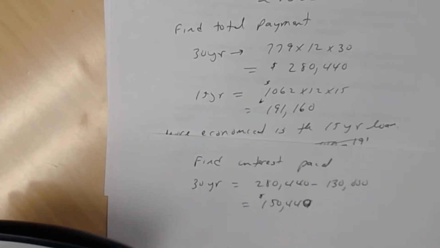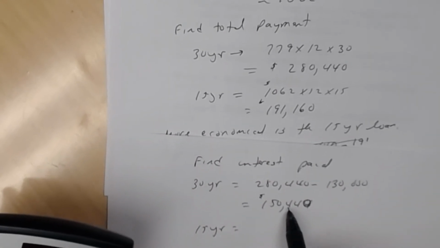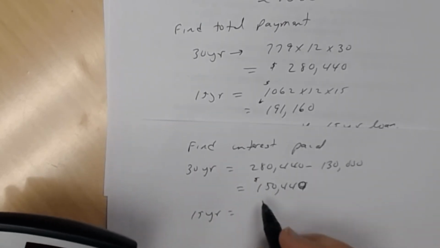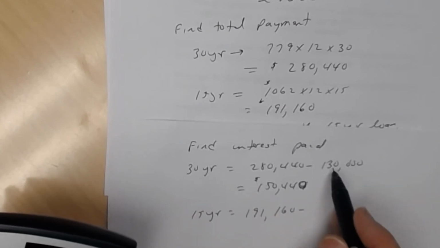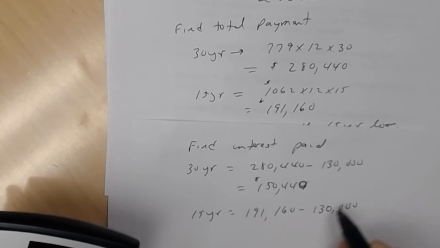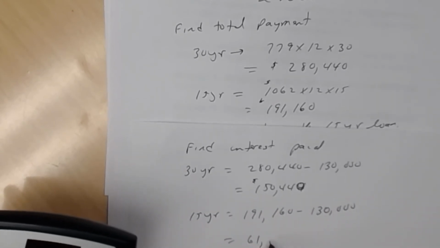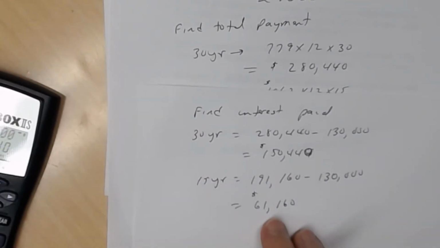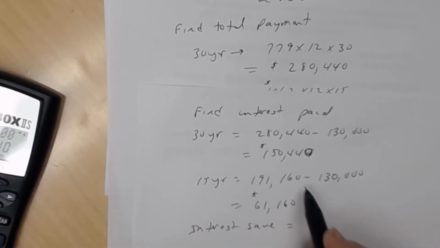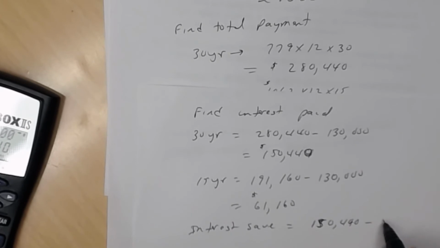Okay. For the 15-year, that's a lot of interest, isn't it? For the 15-year, you're going to say $191,160 minus $130,000, and that's going to be $61,160, right? So that's how much interest you would pay using the 15-year option. So the interest saved, then, now we can do that. The interest saved will equal $150,440 minus this.